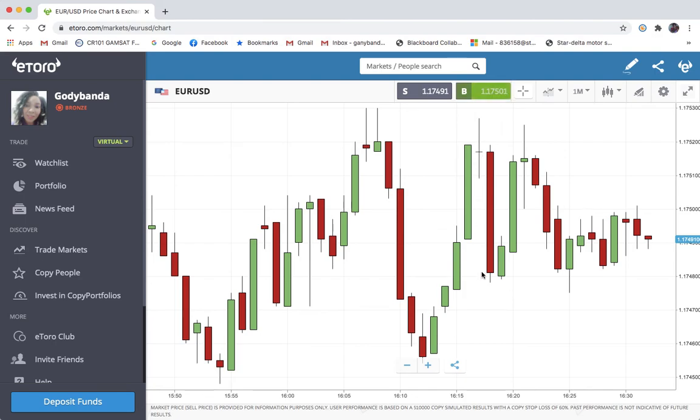So that is how you use your candlestick analysis. You should keep on practicing in your demo account. Keep on practicing and practicing so that you know what is going on. If you can't practice because maybe you don't have enough documents, try Plus500. Plus500 gives you a demo account without many documents. They'll give you a learning platform.